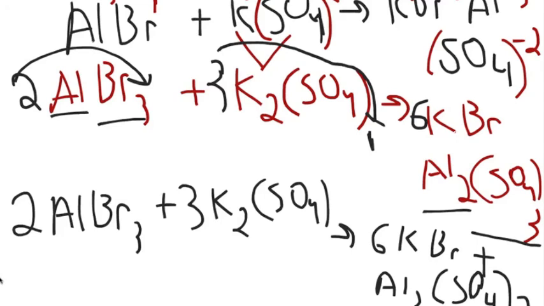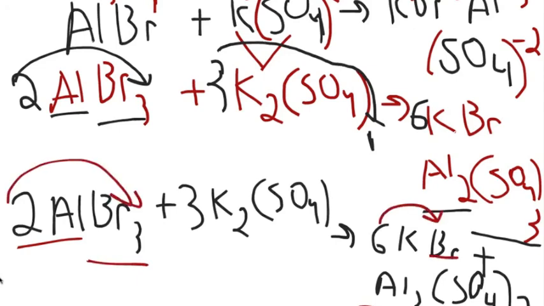Two aluminums on the left, 2 aluminums on the right, 6 bromine on the left, 6 bromine on the right, 6 potassium on the left, 6 potassium on the right, 3 sulfate on the left, and 3 sulfate on the right. This equation is now balanced.